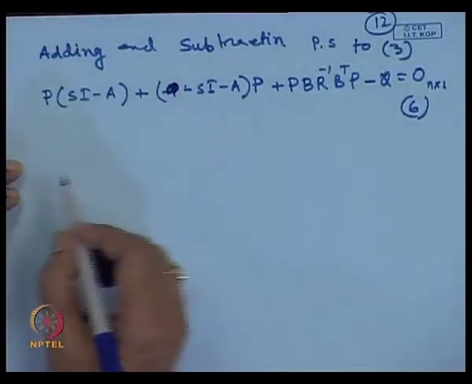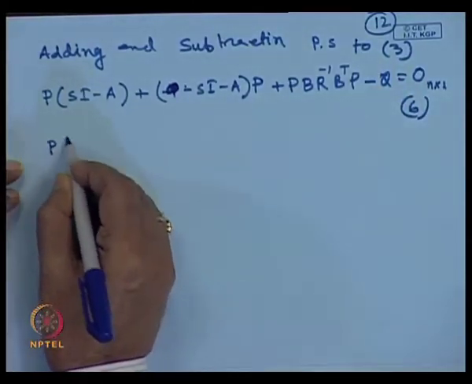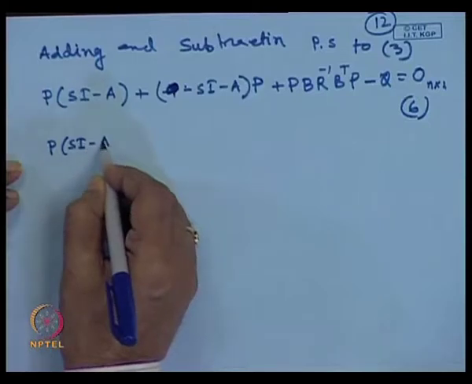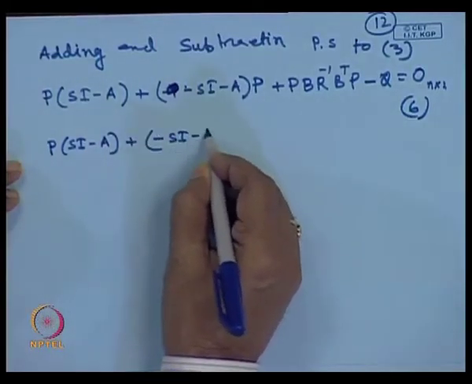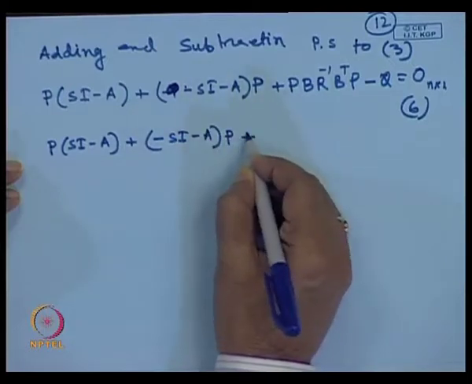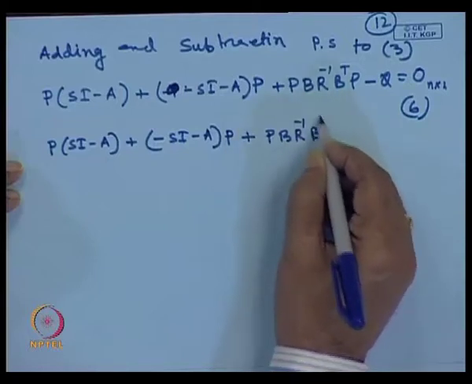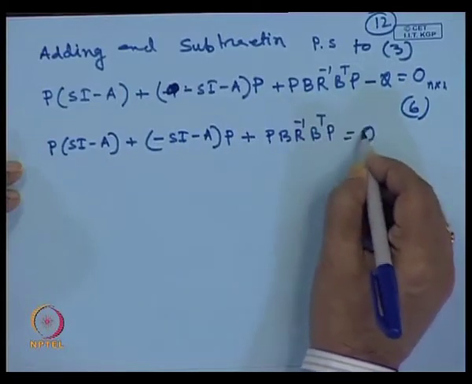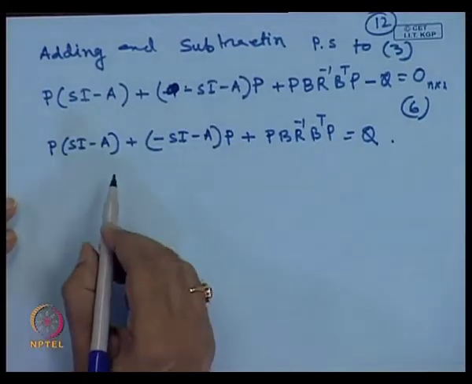So, this we can write it, if you take Q as the right hand side: PA plus A transpose P minus P B R inverse B transpose P is equal to Q, agree.